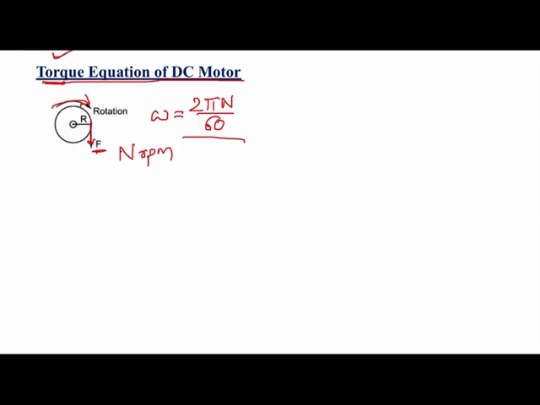So let us understand the relationship between the torque, power and this angular velocity. Let us take W as the work done in one revolution of the wheel. We know that work done is equal to force into distance traveled.